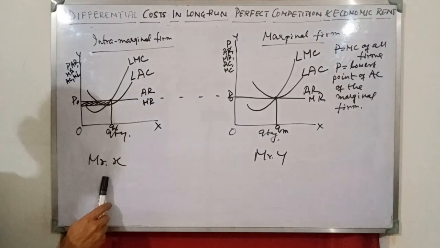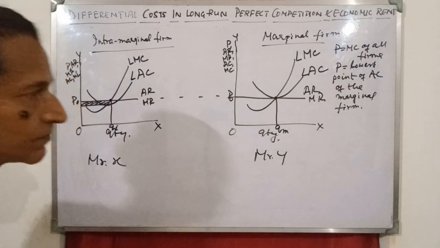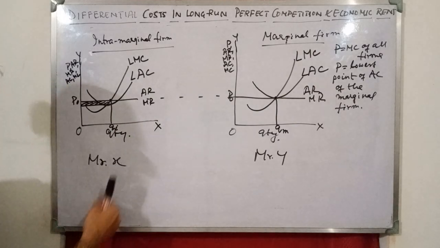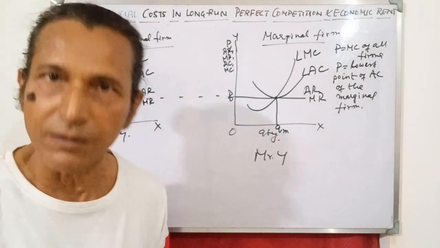Currently, Mr. X is getting a salary which is 10,000 more than what Mr. Y is getting. Now, other firms will try to appoint Mr. X to get efficient resources in terms of management.